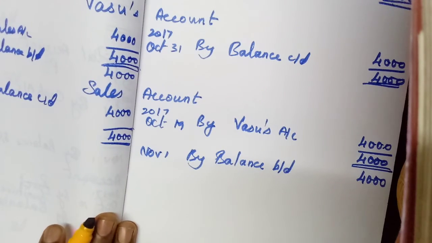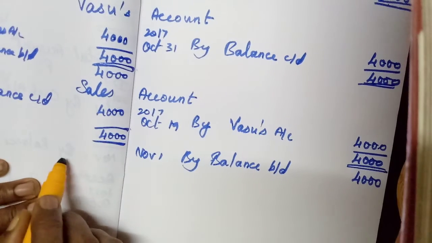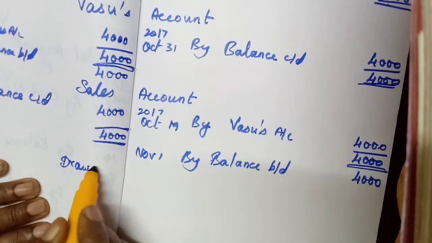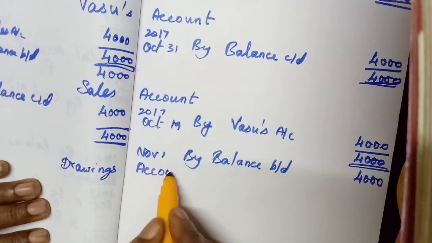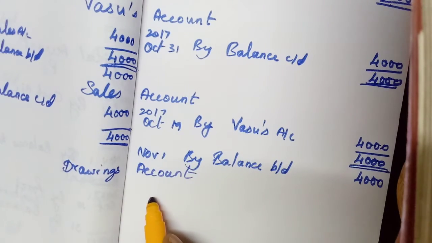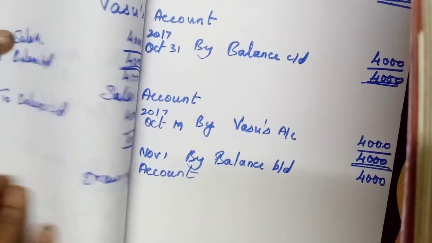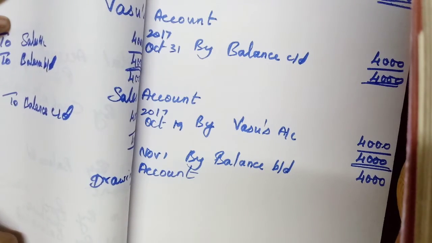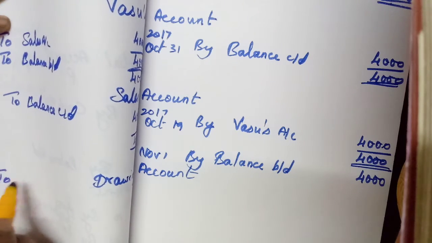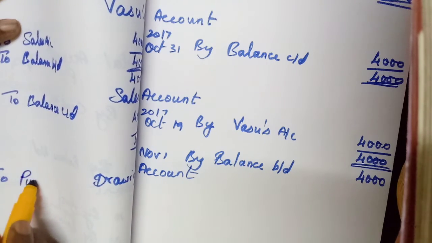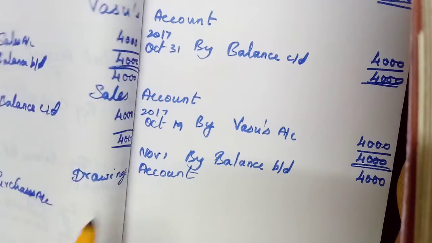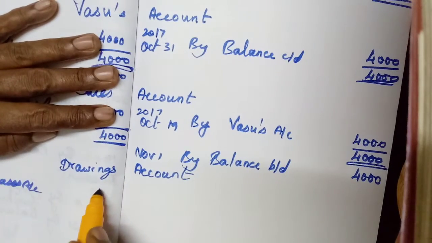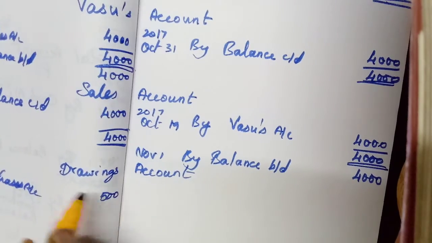Now drawings. Okay, drawings account, that is the last account. Then purchases already we have posted. Okay, so drawings account. Drawings account is debited, so debit side we should post. So write the date first. October 22. Drawings account debtor to purchases account 500. So only one item.